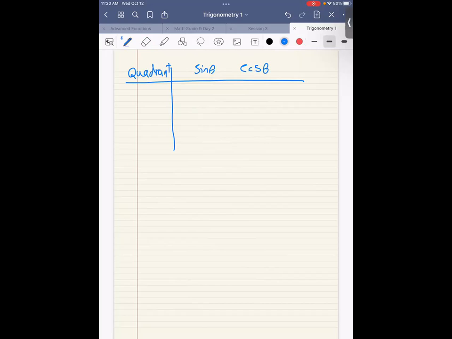So in the first quadrant, you can say that theta is between 0 and pi half. Second quadrant, theta is between pi half and pi.